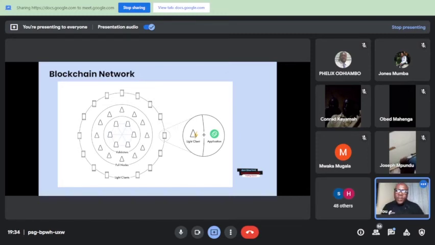So the last category of nodes is the light nodes. Light nodes are nodes which typically only download the most recent blockchain data needed to process and verify transactions. This minimal approach keeps light nodes running quickly and efficiently without requiring too much computational power or storage resources.